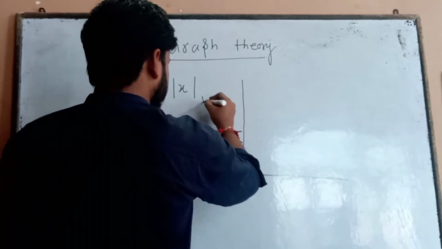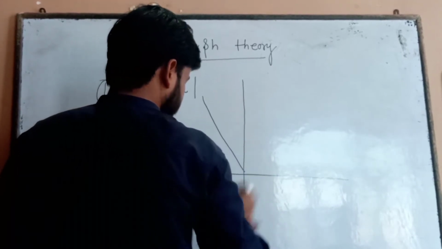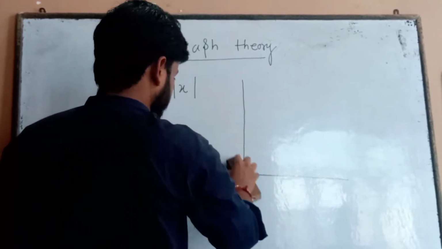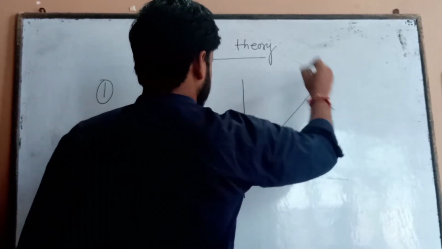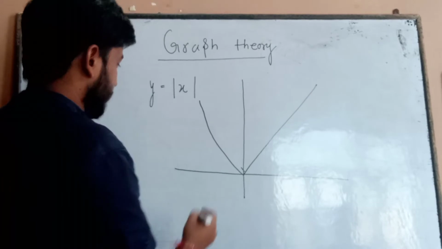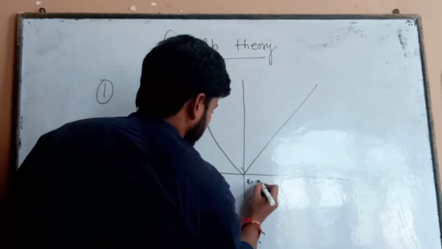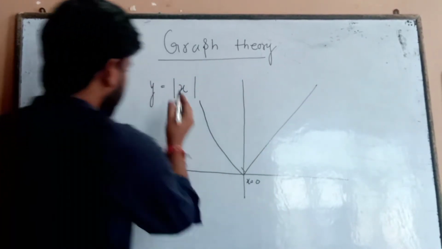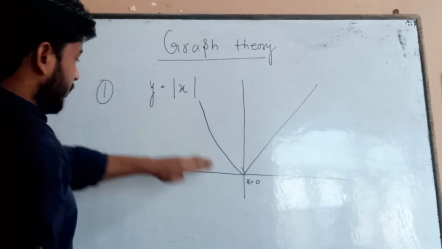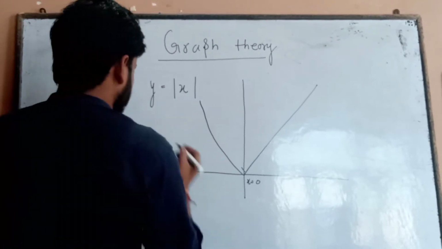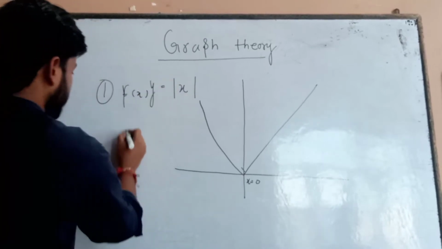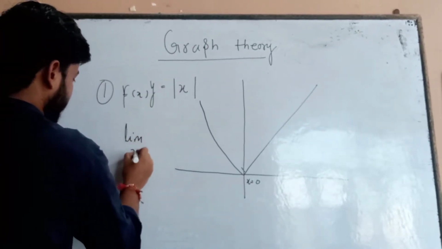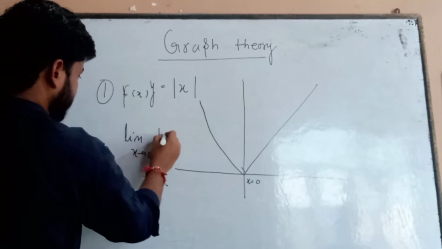The graph of mod of x at x equal to 0, the value is equal to 0. So if we check the limit at x equal to 0 of mod of x, we have to check limit x tending to 0 of mod of x.